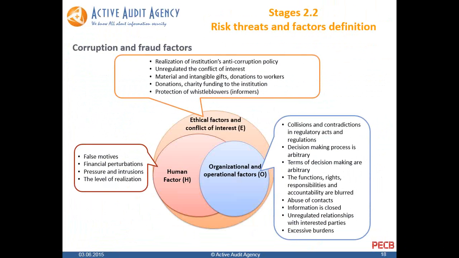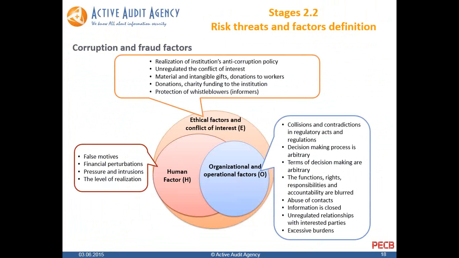The basic point is to analyze the organization's internal and external situation with the aim to identify corruption and fraud factors and vulnerabilities. You must answer the questions: where, when, why, and how can fraud or corruption occur.